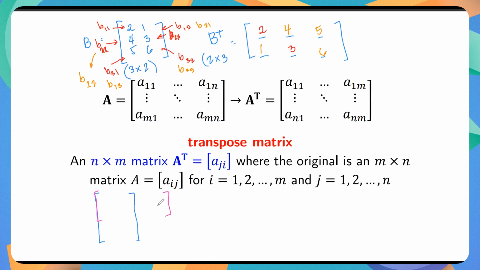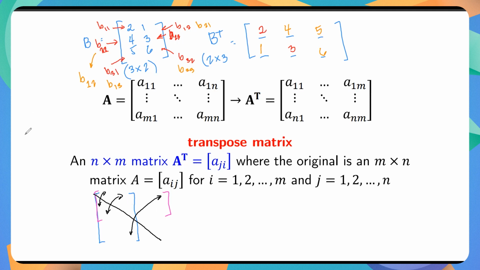You're basically flipping the dimensions, and all the elements that belong to this diagonal will stay the same. An example would be 2 and 3 over here, so they just stay the same. Meanwhile, the other elements that are not on the diagonal of the matrix basically swap positions.